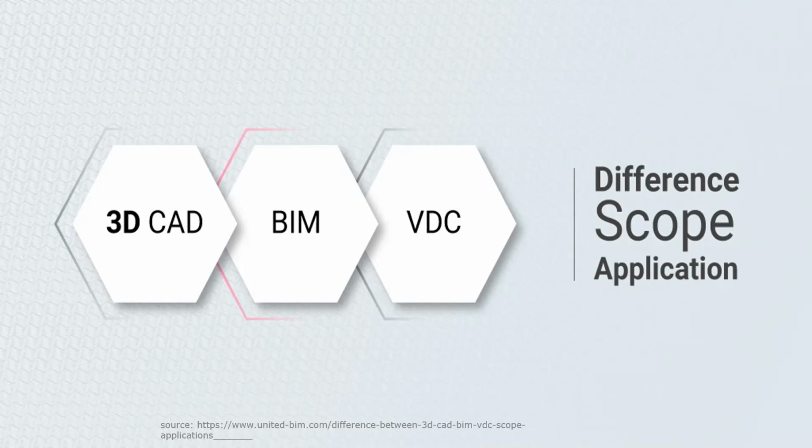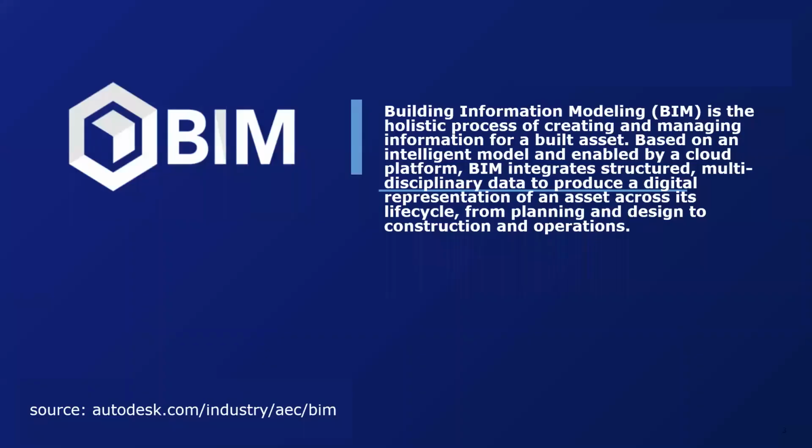BIM will be more your 3D models and coordination using software, and VDC will also include reality capture and drone flights and laser scans. Autodesk.com has a very long definition that is here for your viewing enjoyment, but basically BIM stands for Building Information Modeling, and it's just creating and managing information for a building.